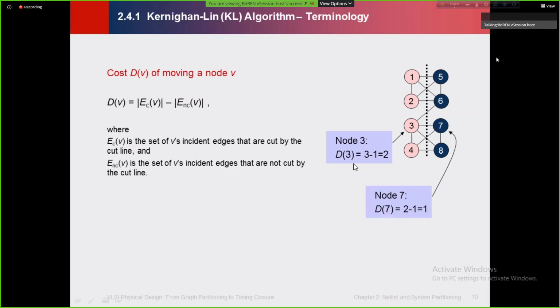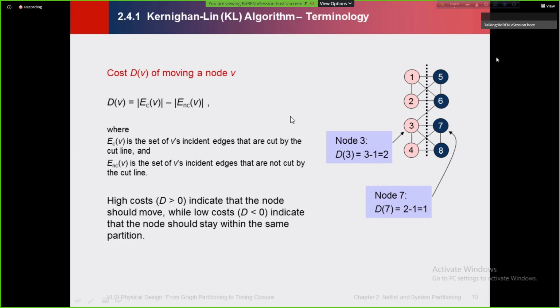Some terminology we need to apply is mentioned here. In order to apply this algorithm, first we have a set, and now we have to calculate the cost of each node.